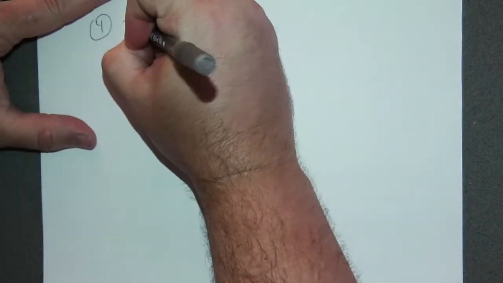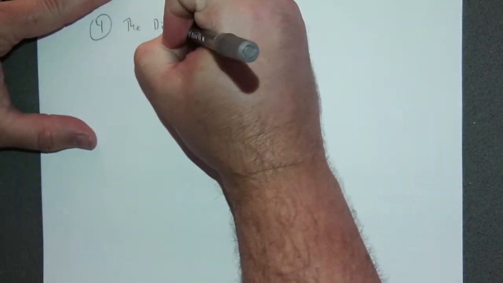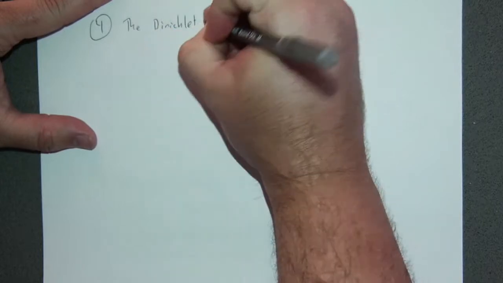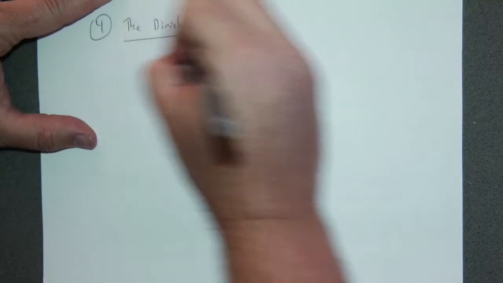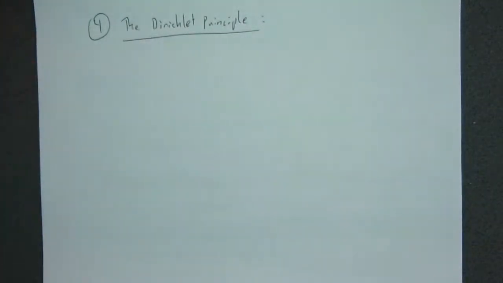One last thing that is an important property of harmonic functions is called the Dirichlet principle. I'm not going to go into too much depth on this. I'm just going to define some of the quantities and talk about it generally.